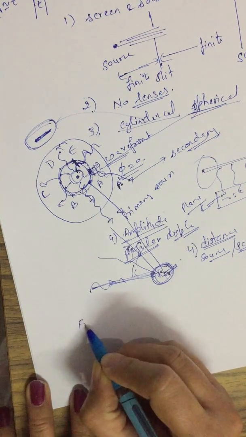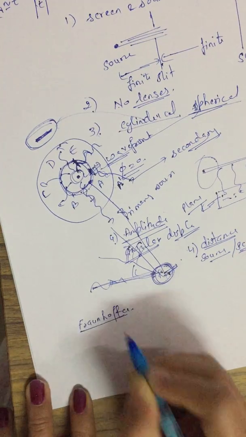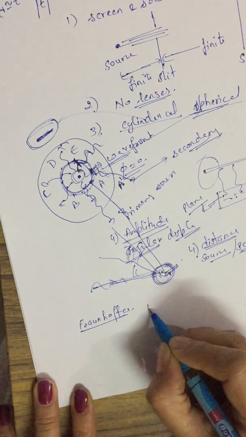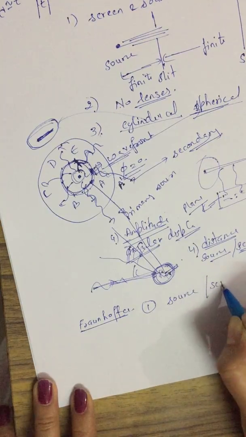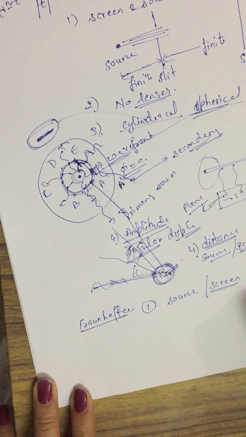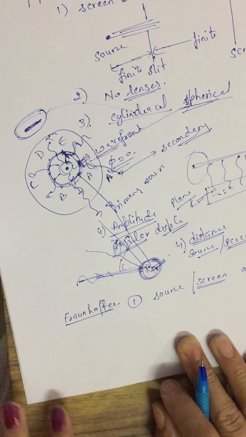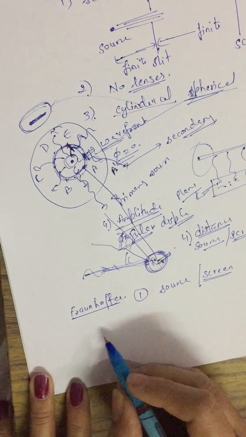The second type of diffraction is Fraunhofer diffraction. In case of Fraunhofer diffraction, the source and the screen are placed such that they are at an infinite distance. How will you take the source and screen at infinite distance?